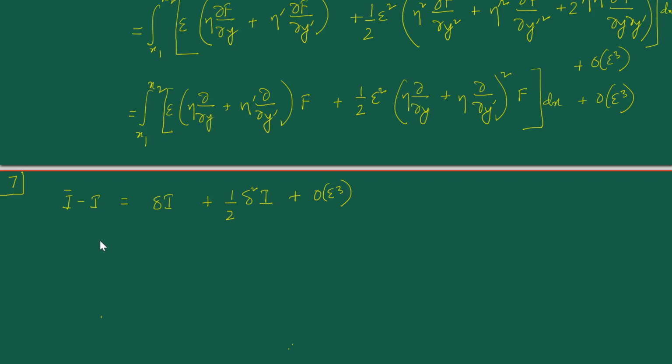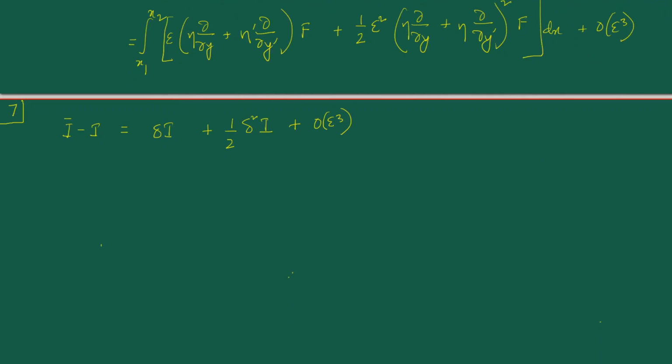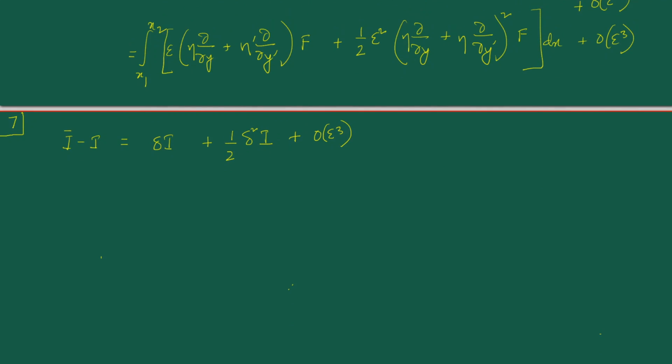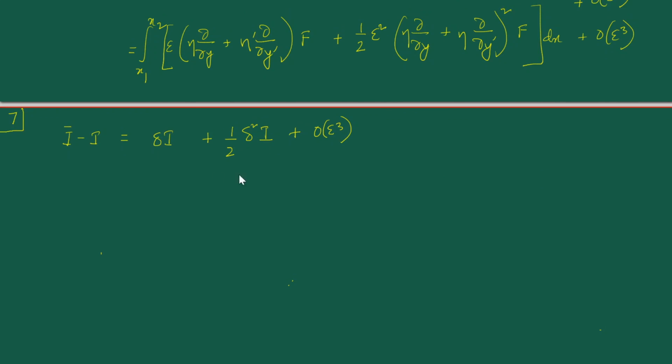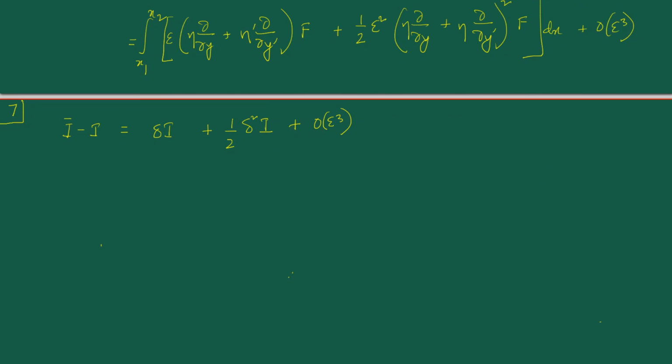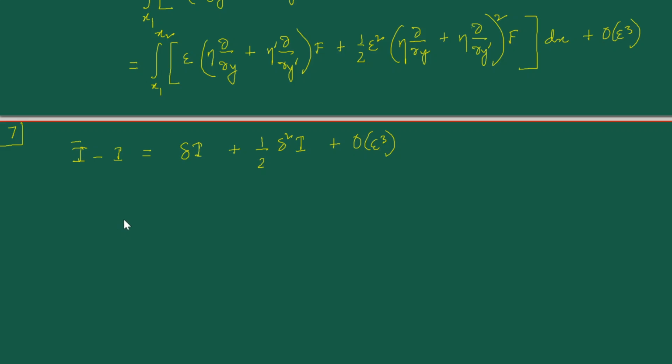Now we are at the same juncture as we were in the extremization of functions, as we had discussed in the previous video. So again, what we are going to say is that epsilon is tending to 0.